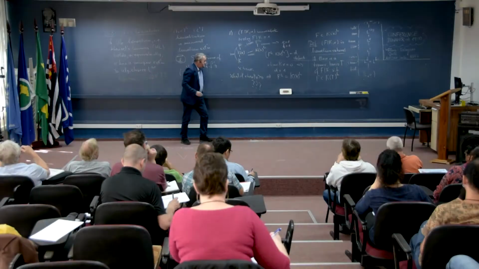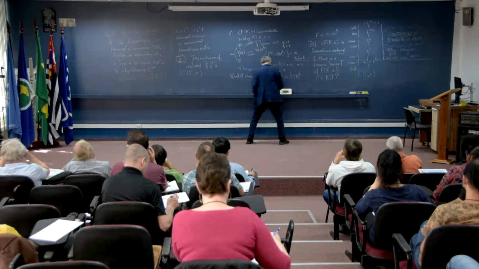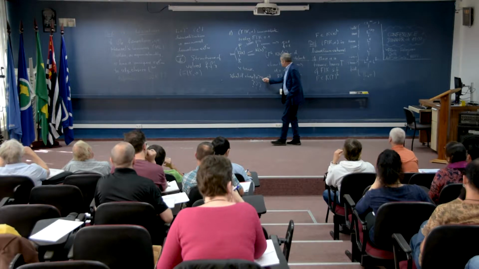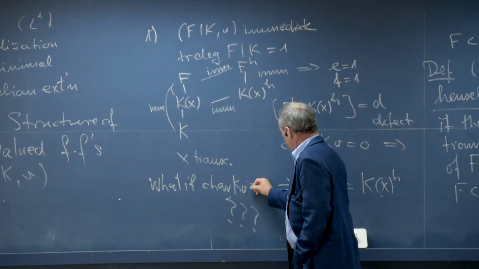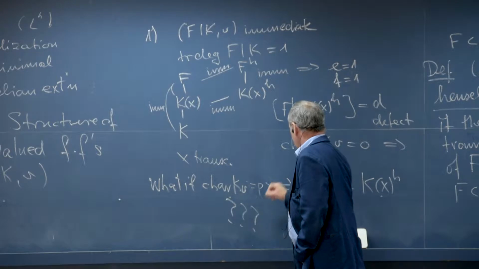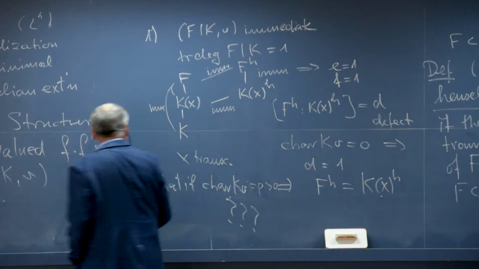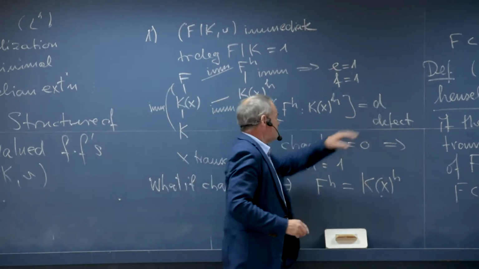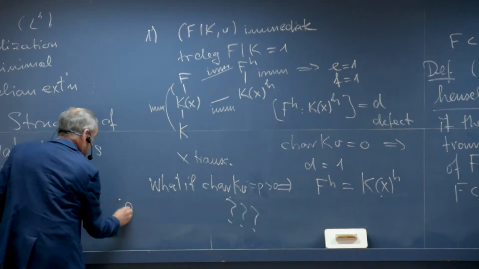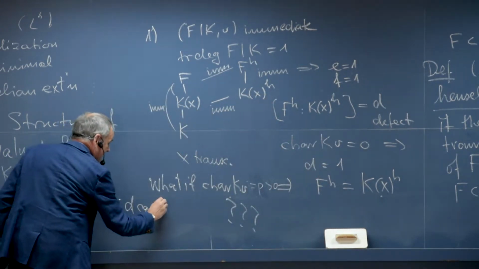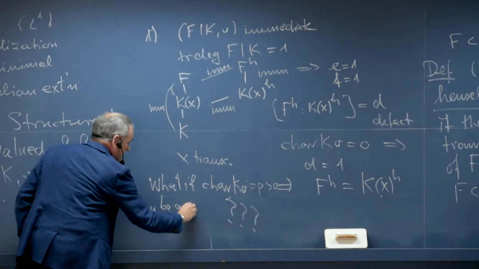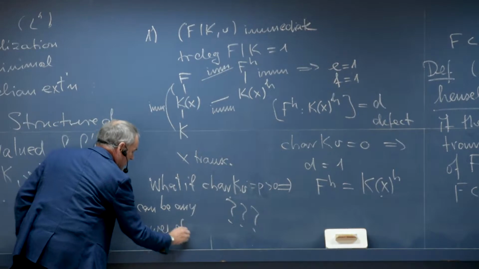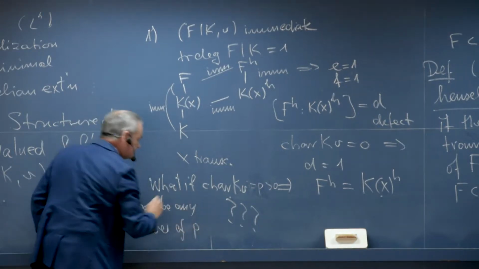In this case, well, if this characteristic is p, the defect is always a power of p, then this d can in fact be any power of p.